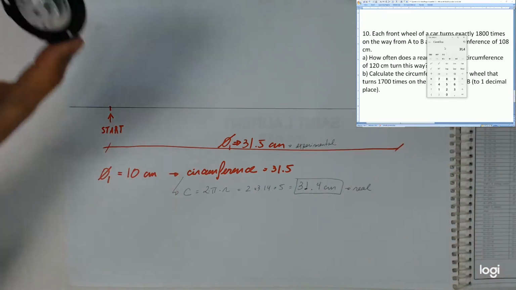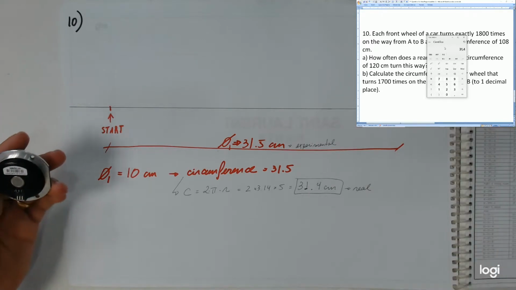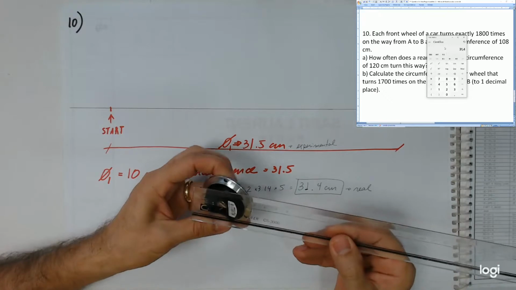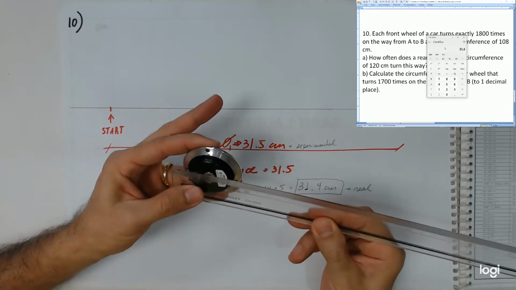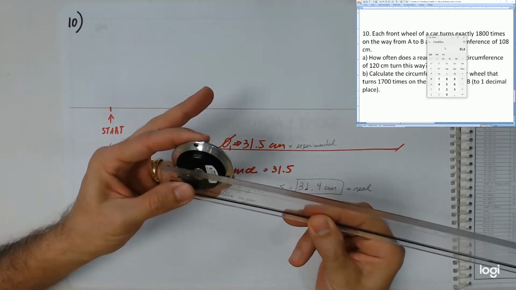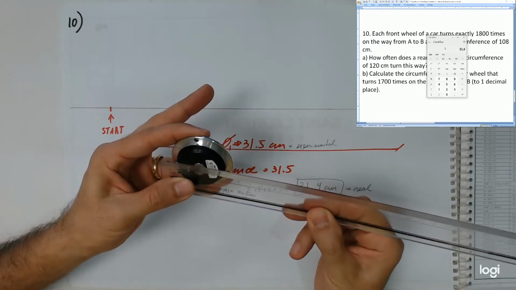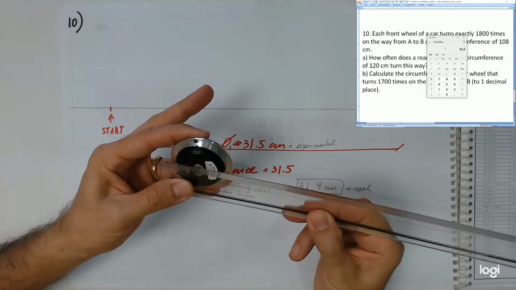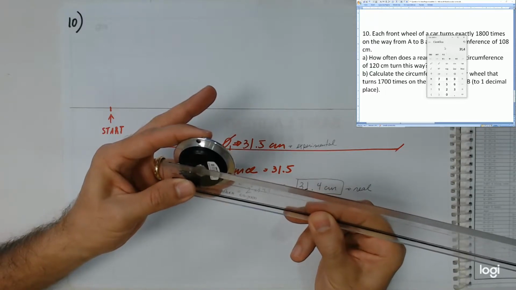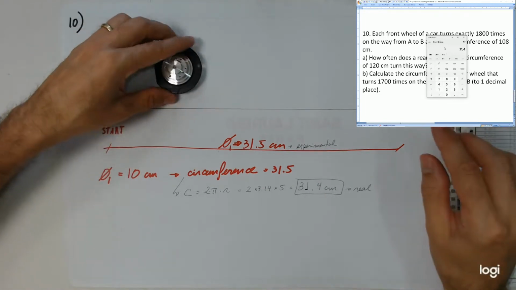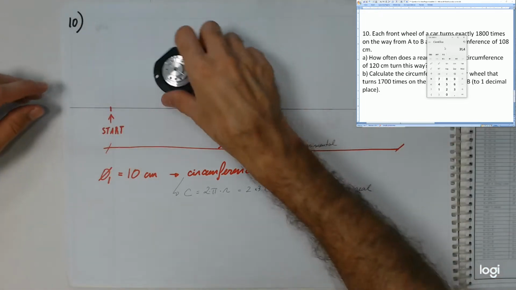Now let's take this one. It's hard to measure, but about 5.5, something like this.